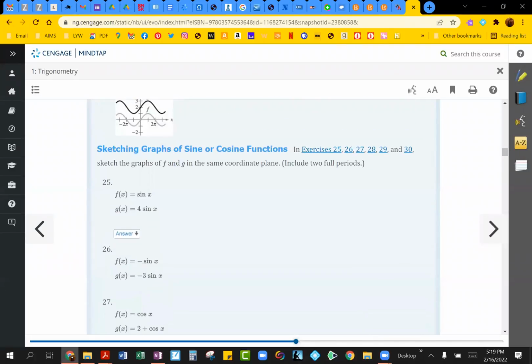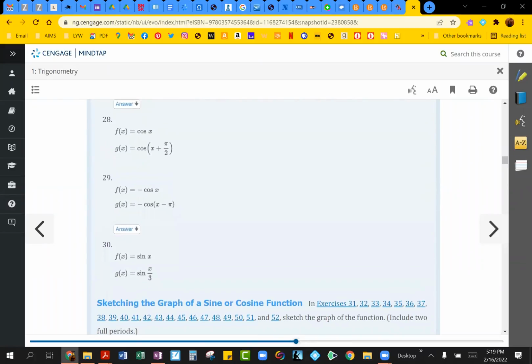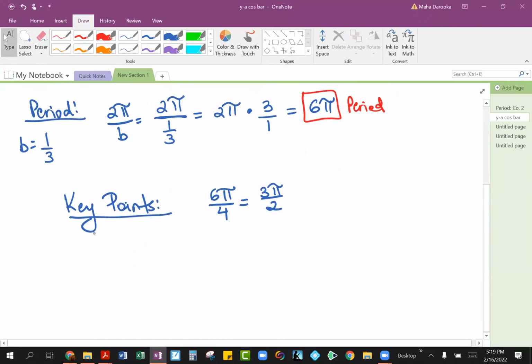So since they did not specify an interval, we're still using the same examples here. They're just saying include 2 full periods, but they're not giving us a specific interval. We'll still use that same idea here. And we'll go for an interval of 0 to 6 pi as our period interval.